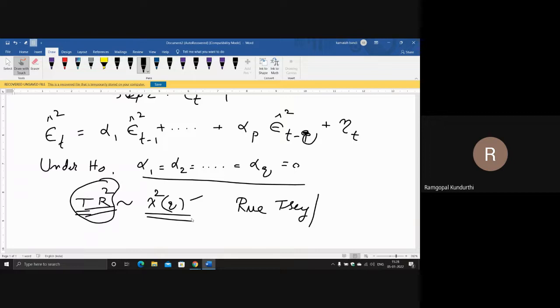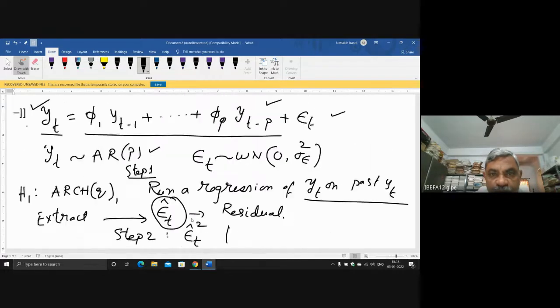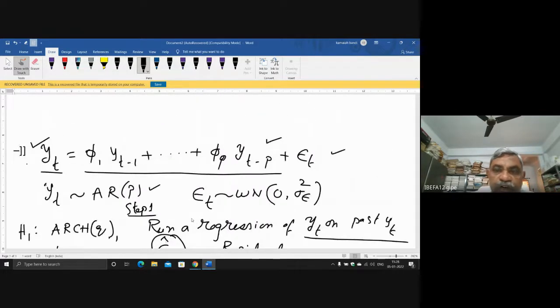So here the P and the Q could be different, right? Actually, this is the general form. So your doubt is why it is P here and why it is Q there.